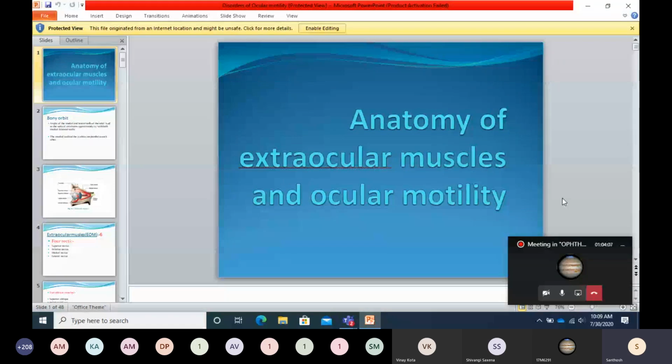Superiors are intortors. When you have to explain the secondary and tertiary actions, the primary actions you will definitely remember very well, but for the secondary and tertiary actions, this mnemonic SIN RAD ABO will come to your rescue. Superiors are intortors, recti are adductors, and ABO means abduction is by obliques.